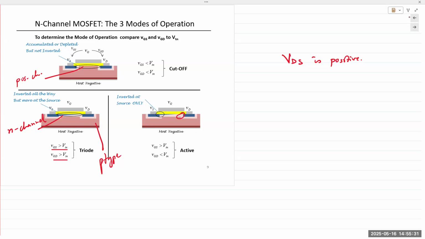And eventually, when VGD is less than VTN, the channel is pinched off, or it cuts off. And when it cuts off right here, we call that pinch off. We would expect that no more current would flow through, but that's not really what happens.